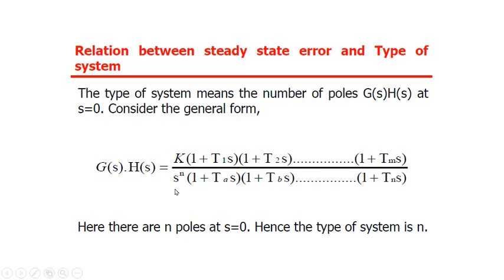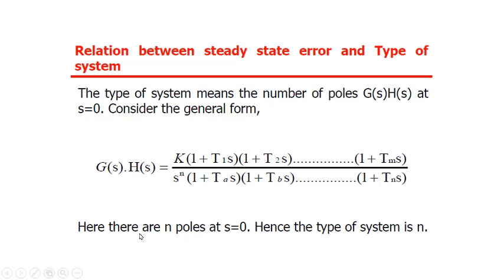In the denominator, we have s to the power n times (1 plus Ta s) times (1 plus Tb s), and so on till (1 plus Tn s). The terms should be in this form: 1 plus T1 s, 1 plus T2 s, and so on, or tau 1 s, tau 2 s.